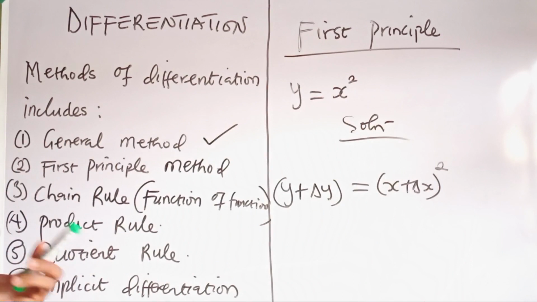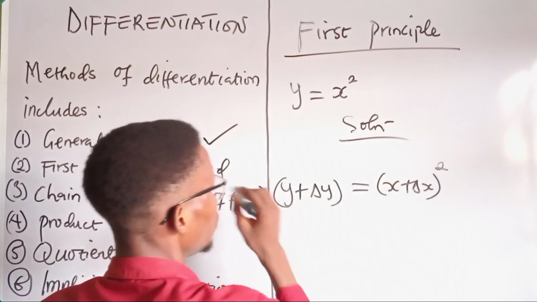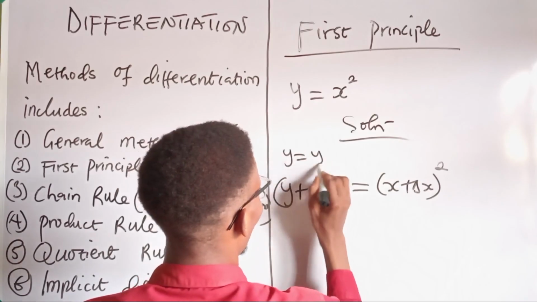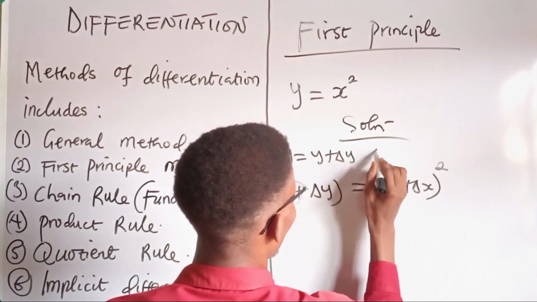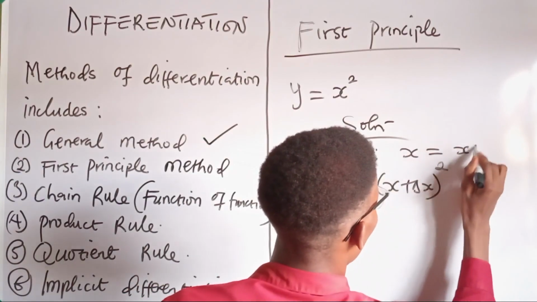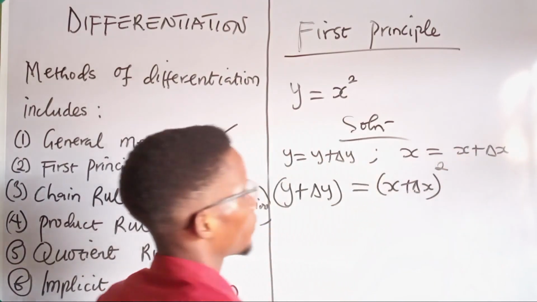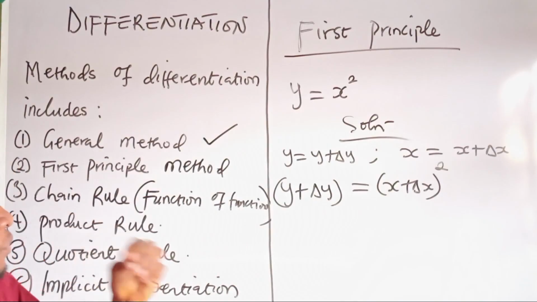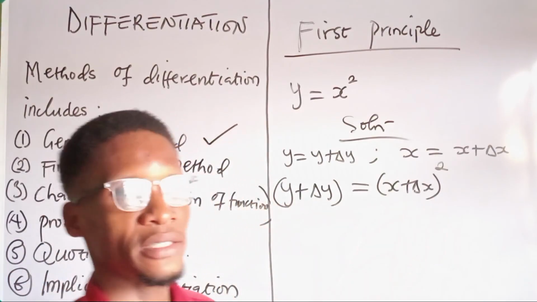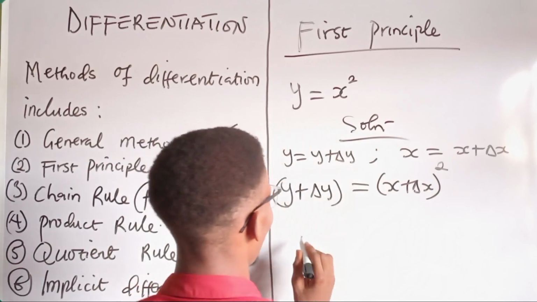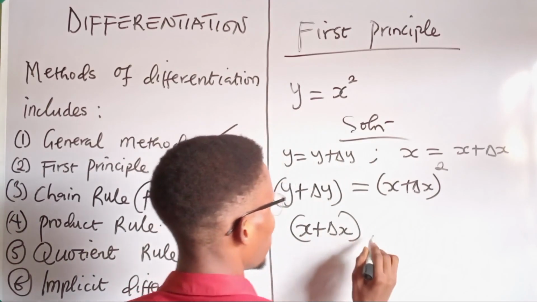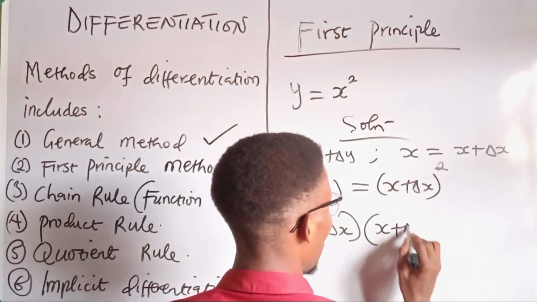So y plus change in y equals x plus change in x, all squared. Let's leave this side and work on this side. We have squared here. So can I say x plus change in x, then multiplying x plus change in x.